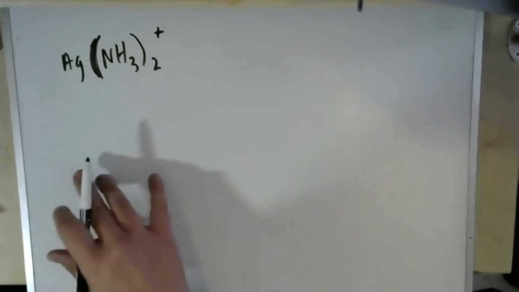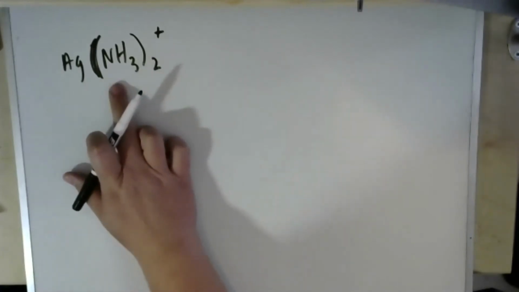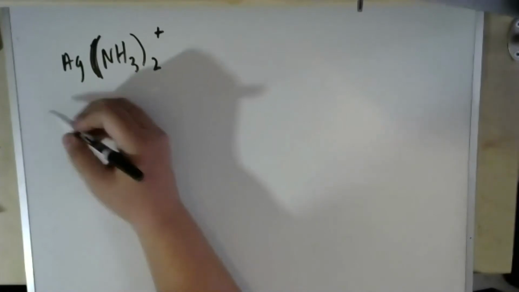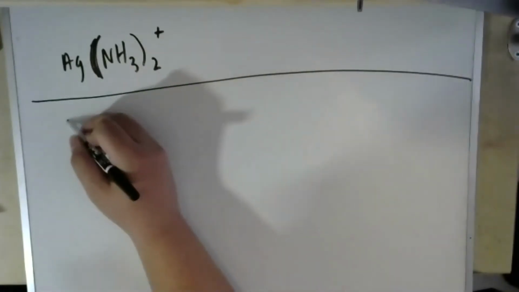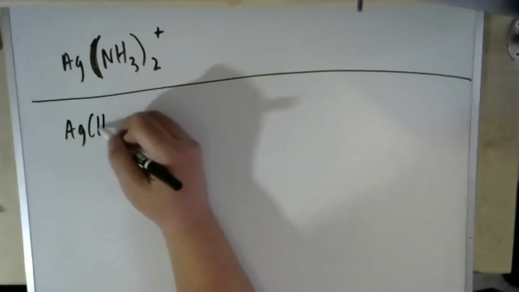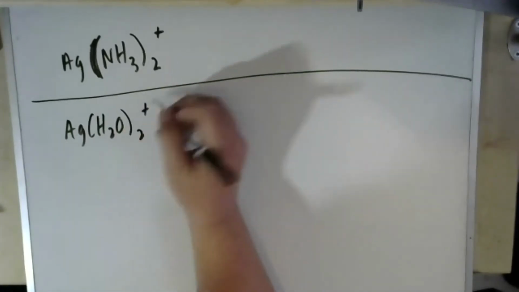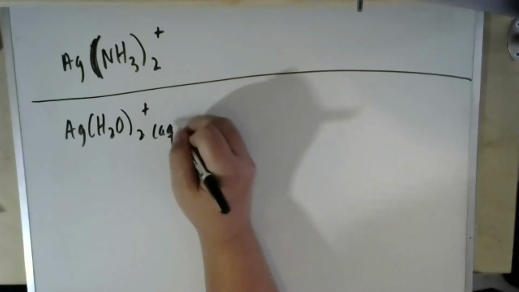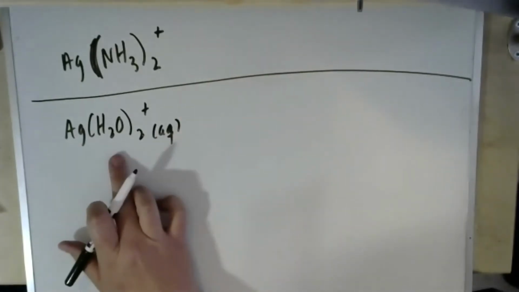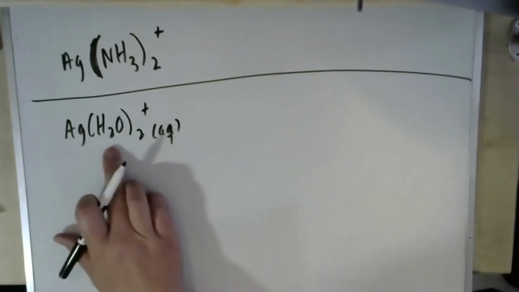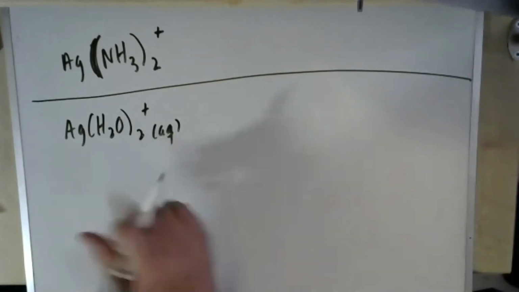Okay, so the formation of the Ag(NH3)2 plus looks like this. So you have Ag(H2O)2 plus, which is aqueous, and this is another complex ion. This is your central metal, and the water is the ligand in this case.